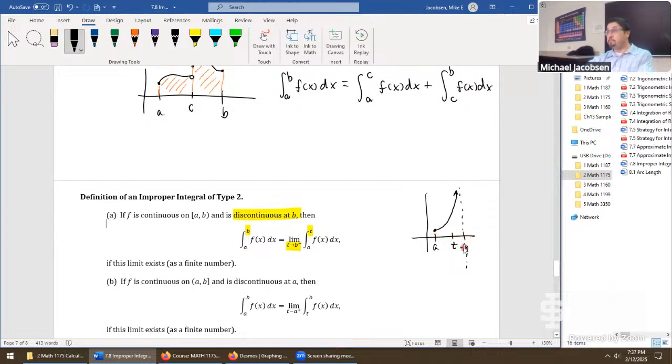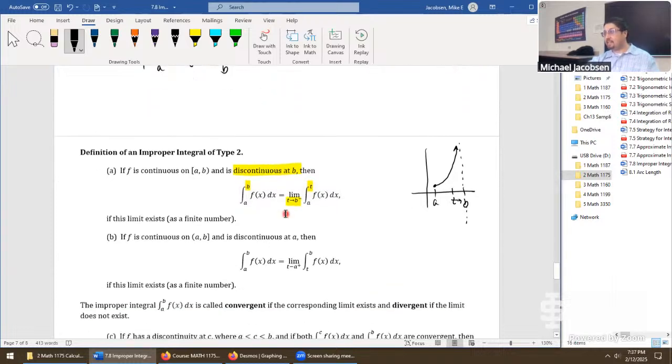The discontinuity is at B. So we allow T to move in this direction, head towards B. It's heading towards it in a specific direction, only from the left. T is not on this side from the right. And as T gets closer and closer, we can use the fundamental theorem of calculus every single time. And now the question boils down to, does that limit exist as T does in fact head towards B from the left?